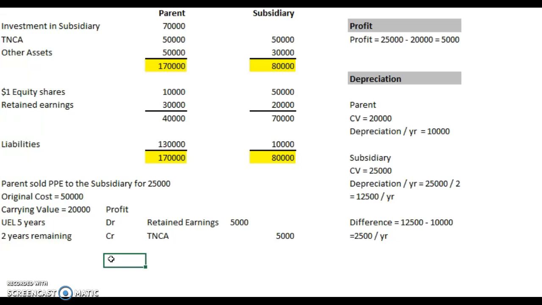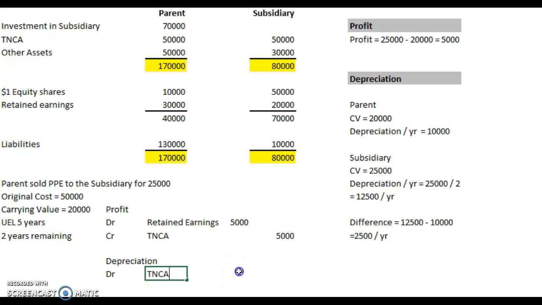And for the depreciation, we've over depreciated, so we're going to have to increase the asset, which means we're debiting the asset.